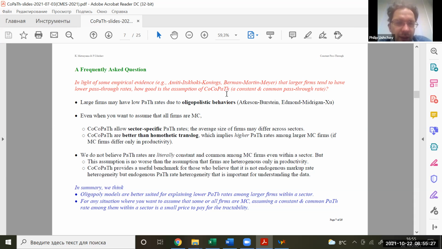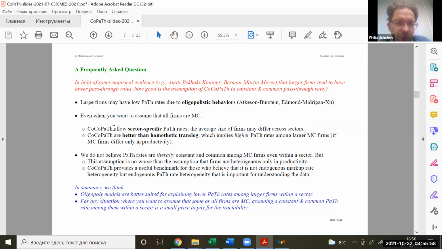So, well, first of all, large firms may have lower pass-through due to oligopolistic behavior, and so if your research question is such that you would like all firms, or at least a positive share of firms, to be monopolistically competitive, then actually working with COCOPATH is less of an issue.